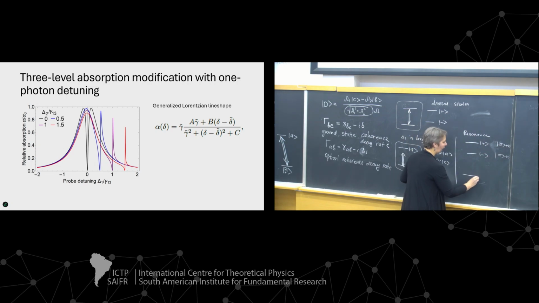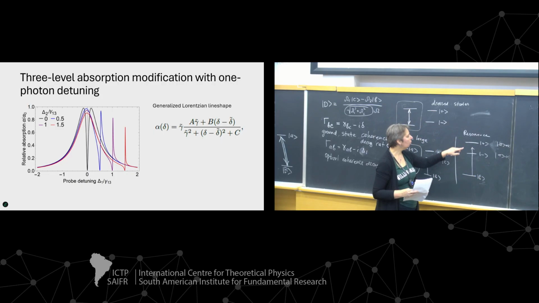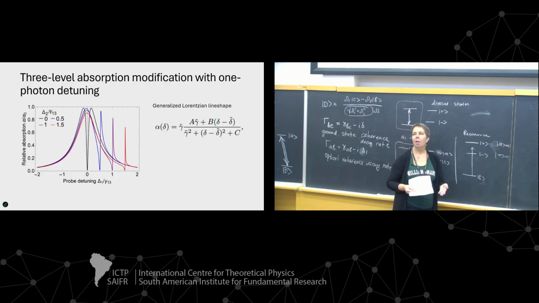Now, if you have your probe field tuned exactly in between the two, it will have exactly the same amount of interaction with state plus and state minus. But because of this opposite parity, there's going to be destructive interference between them. So the probe field says, OK, I'm not going to interact with either of you guys, you decide on your parity things.